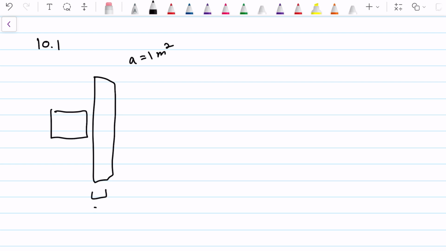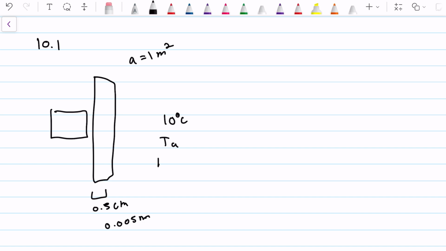Its thickness is 0.5 centimeters, or 0.005 meters. The ambient temperature medium is 10 degrees Celsius. We'll call that temperature ambient.